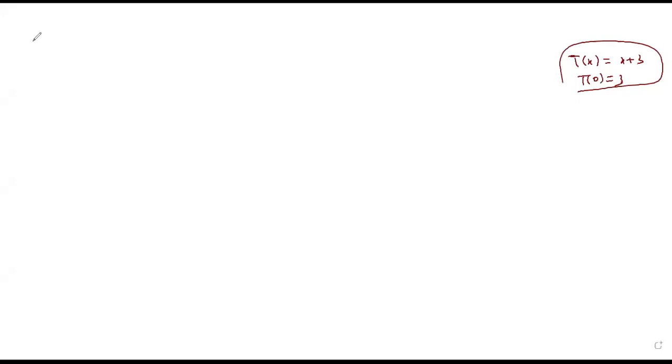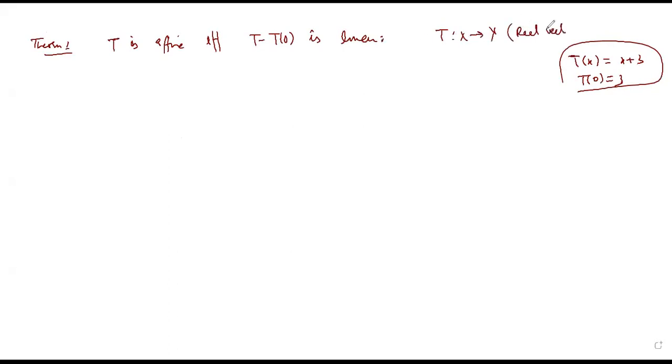So एक छोटा सा थ्योरम है, एक एक्सरसाइज हम कर सकते हैं, that T is affine if and only if T minus T of 0 is linear. Of course, T is a map between vector spaces, that's understood. And of course, यहाँ पे मैं कह दूँगा real vector spaces.